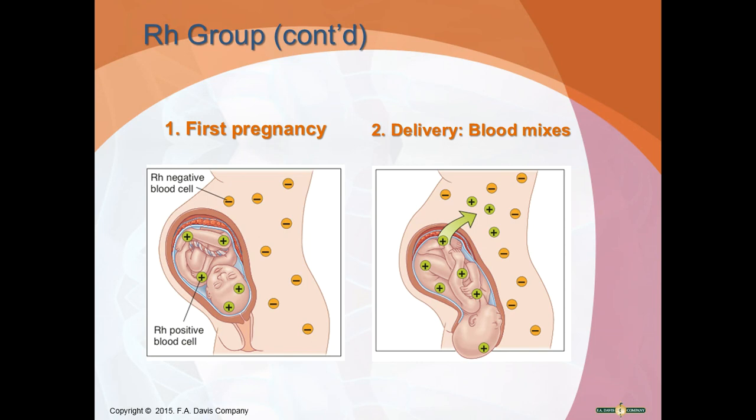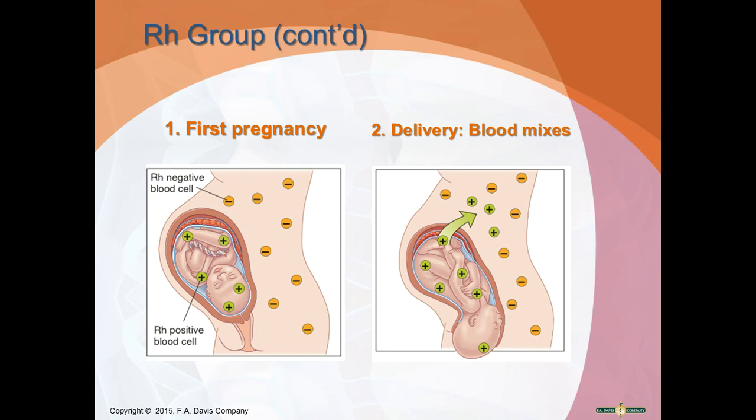Now, we're going to go over this a lot more in Mother Baby, but this will help you to understand it. If a mother who is Rh negative has an Rh positive baby, because the father is Rh positive, the baby is born with Rh positive blood, and while the baby is inside the mom growing, the blood does not mix.